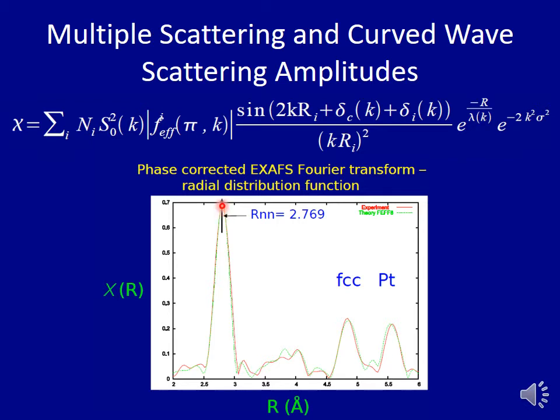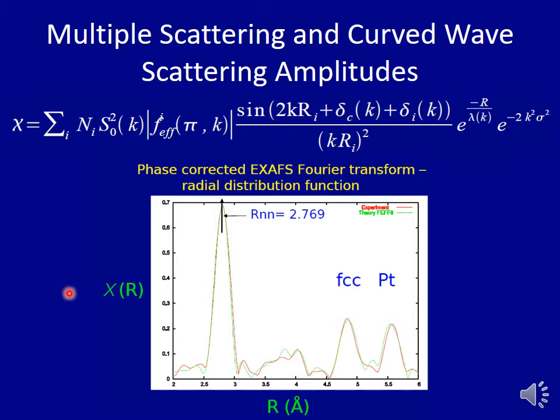So you get the first peak at the nearest neighbor distance, the second peak at the second neighbor distance, and so on, although you can get extra effects due to these multiple scattering peaks, right? So the multiple scattering peaks you can have, for example, collinear peaks that show up or multiple scattering peaks that show up right underneath a single scattering peak.